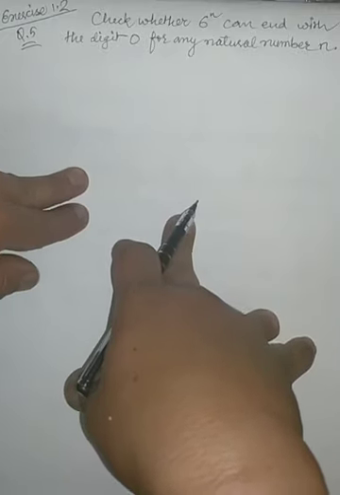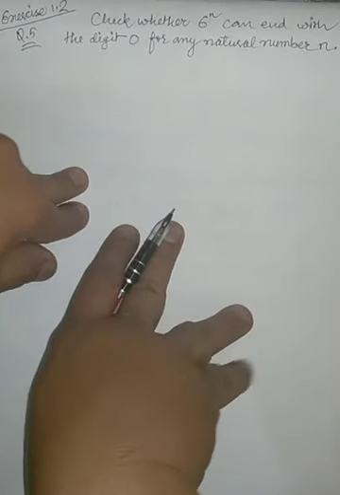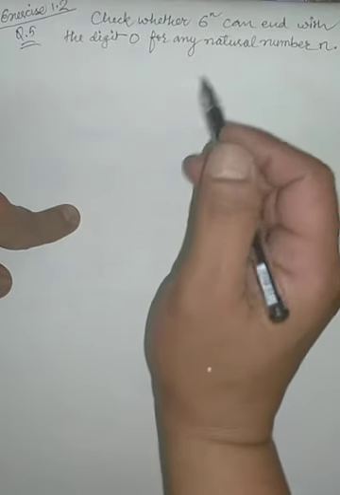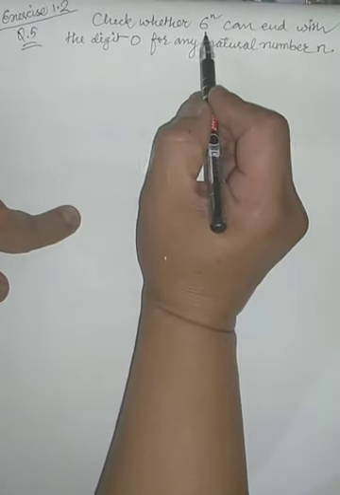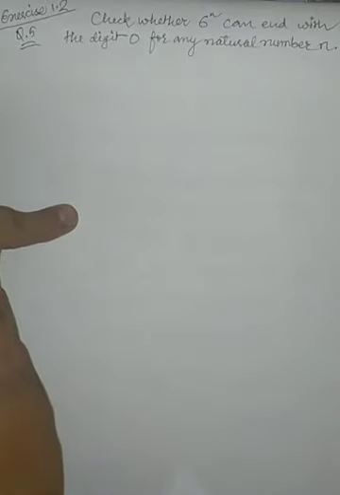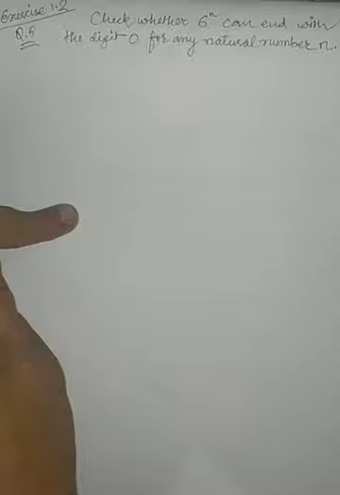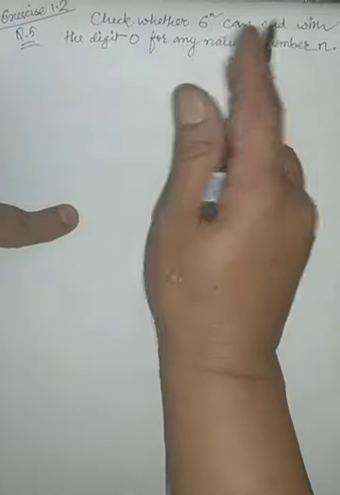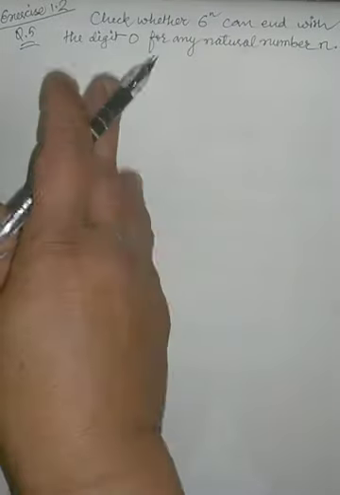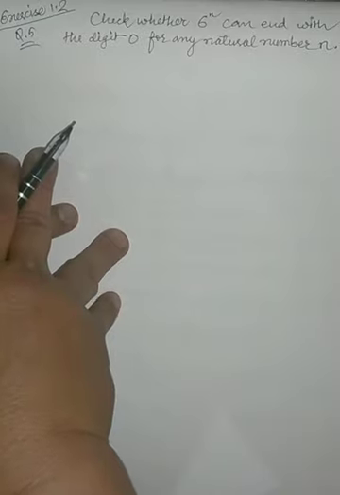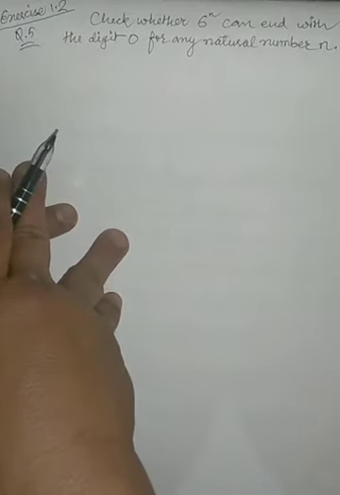Now for any number to end with the digit 0, the required condition is that the base we are given should have 2 and 5 compulsorily present among its prime factors. That means 2 and 5 both are required for the number to end with the digit 0.